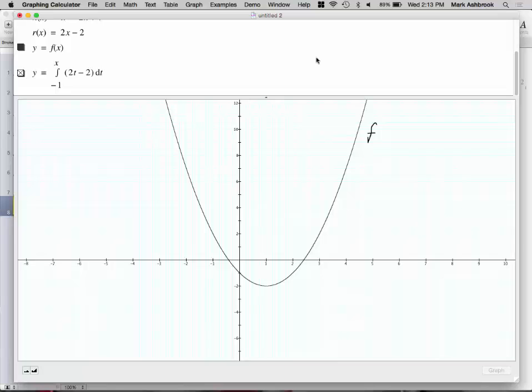So computers away, fingers off the keyboards, eyes off the screens. Talk about what this graph is going to be, how it's going to be displayed if I were to turn on y equals the integral from -1 to x of 2t minus 2 dt. What's going to happen and why? Go.